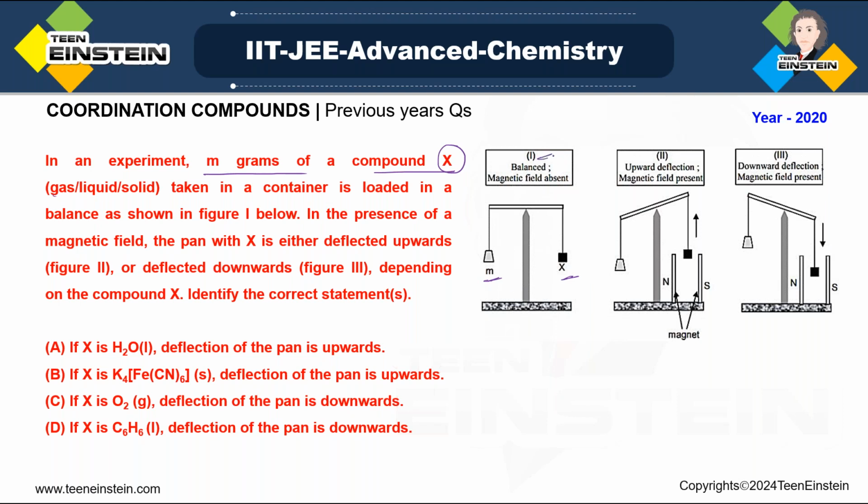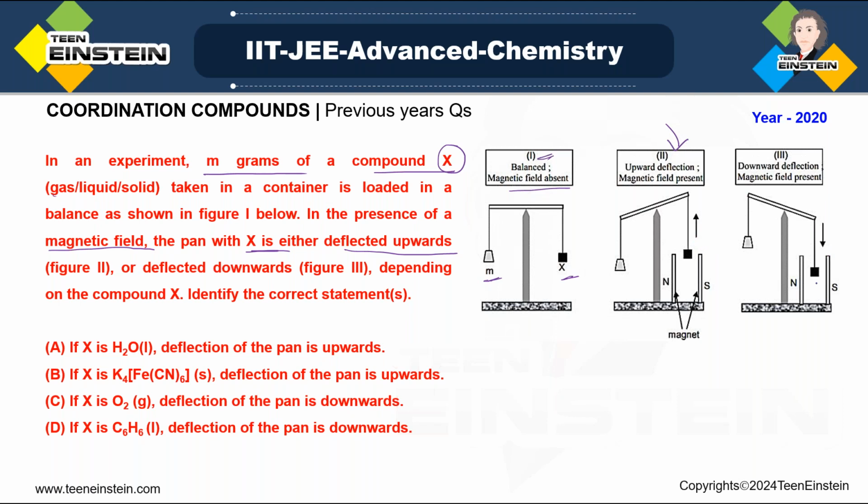As you can see, in picture 1, magnetic field is absent and they are balanced because both side weight is same. Now in presence of magnetic field, the pan is either deflecting upward, which is figure 2, or another possibility, it is deflecting downward.